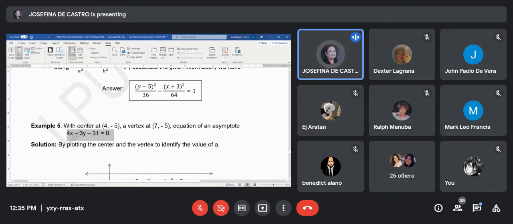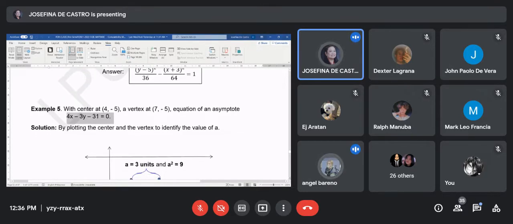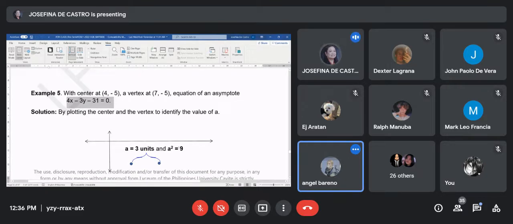Ang isang vertex daw natin, a vertex at A yon, 7, negative 5. Therefore, makikita mo dito na ang distances nila ay from 4 to 7, 3 units. Plus 3 ka kay 4. So, A is equal to 3 units, then A squared is equal to 9.